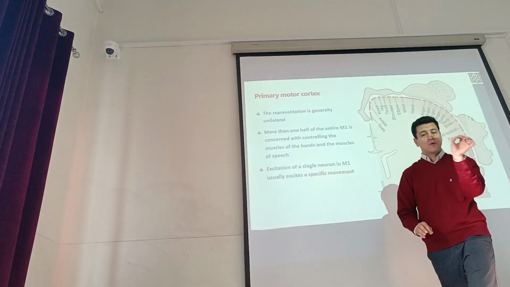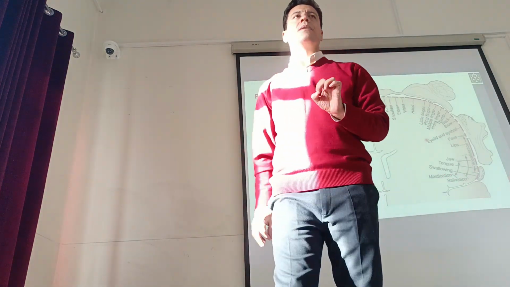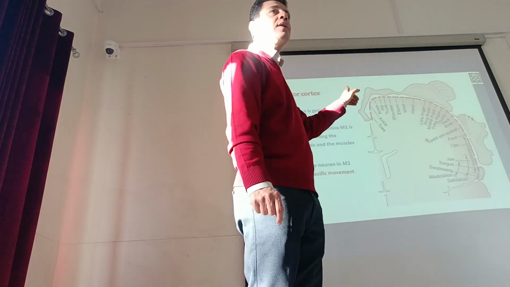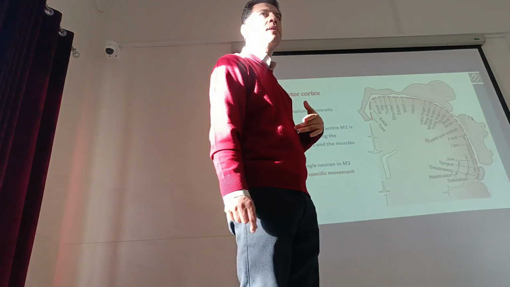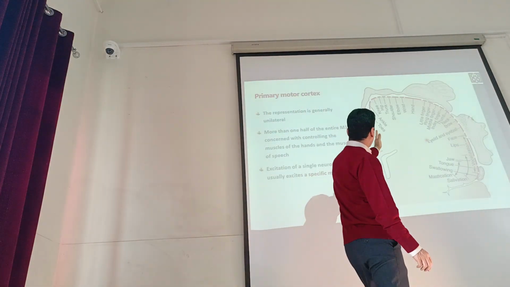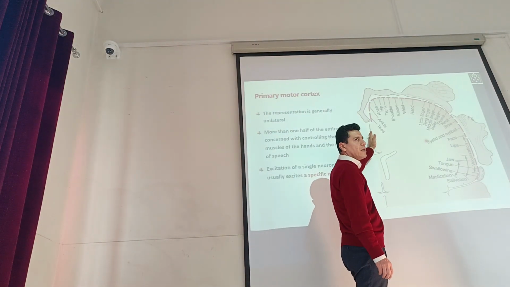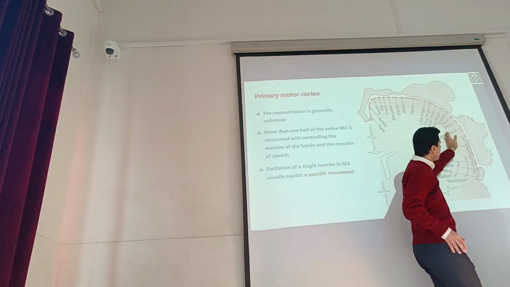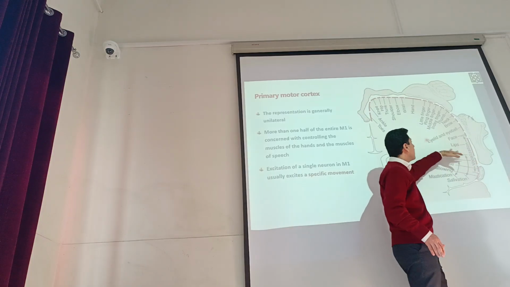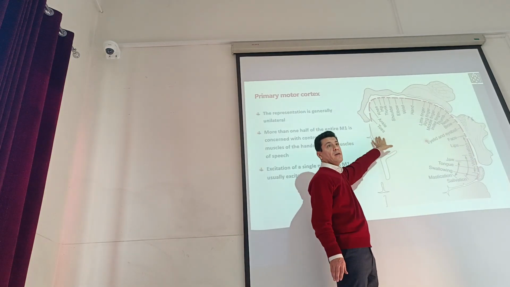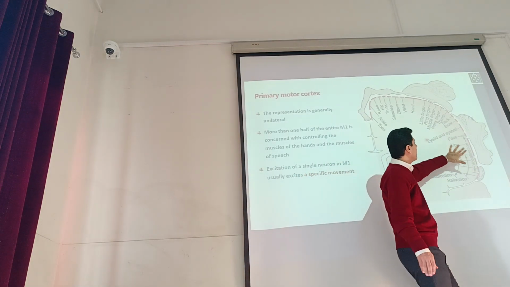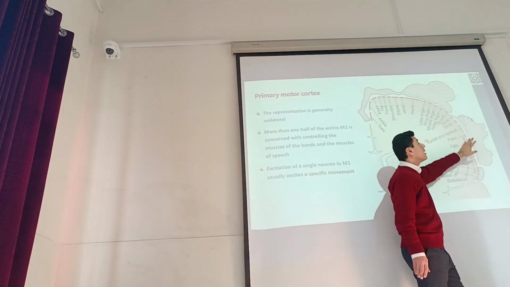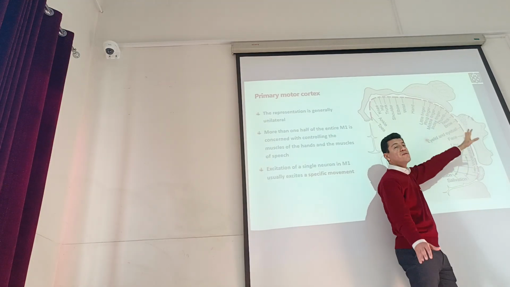Now let's see more details about the primary motor cortex. You can see one side of the brain, right? Here we have the medial region, which is located between the hemispheres. Here you can see the lateral region. Similar to the somatic area, you can see that the area related to the face and the fingers and hand is very large.